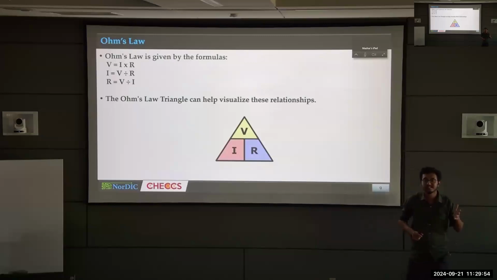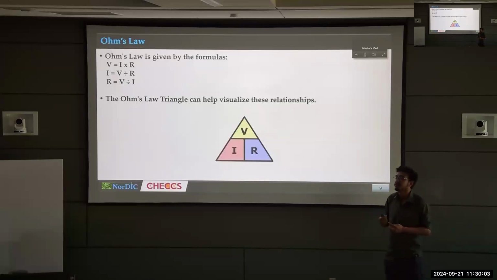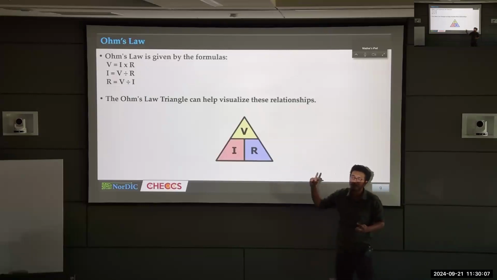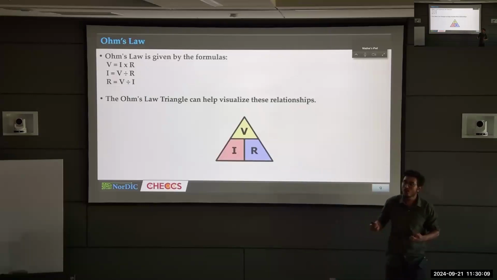That particular scientist's name is Ohm. He invented this law. As a tribute, the unit of resistance was given his name, ohms, and the law is called Ohm's law, which unifies these three significant parameters.